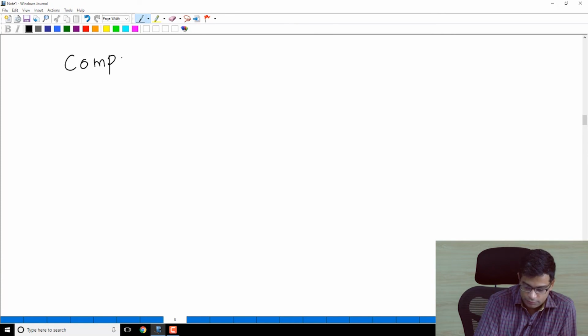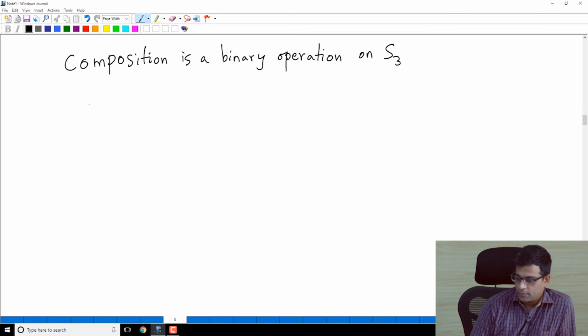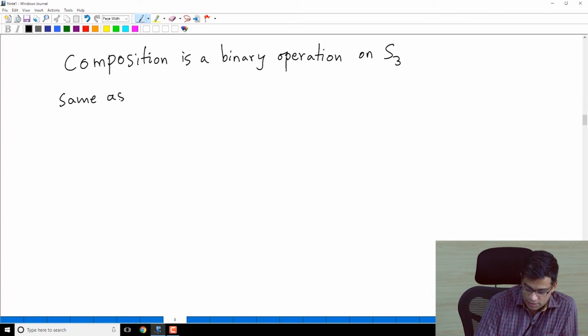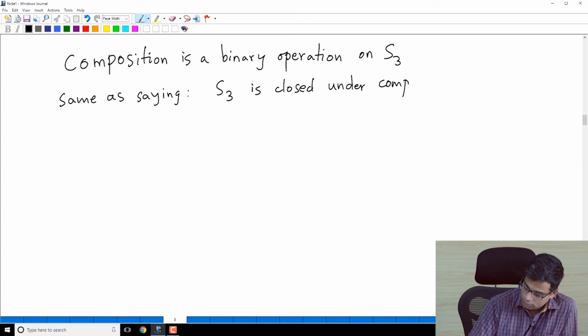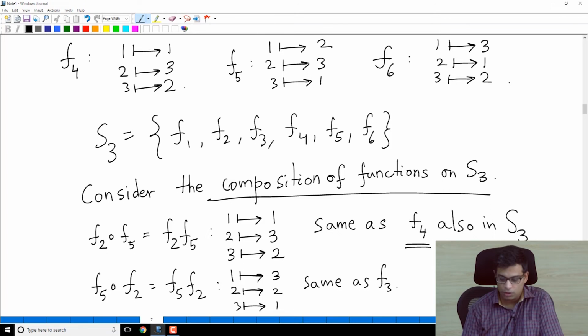So, I will say composition is a binary operation, which is the same as saying that S3 is closed. Note that I have not proved this, I have only checked that composition is closed for these two elements.